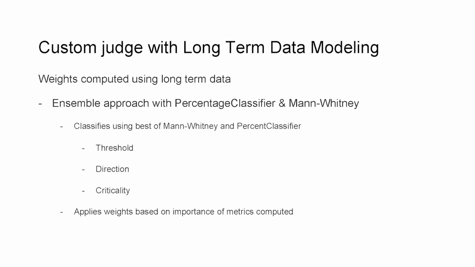When you don't know what is right, you try several things and see which one works. So this ensemble approach, in this particular case, combining Mann-Whitney and threshold actually gives slightly better results. We'll just show how to combine those two classifiers within the judge and get a better result.